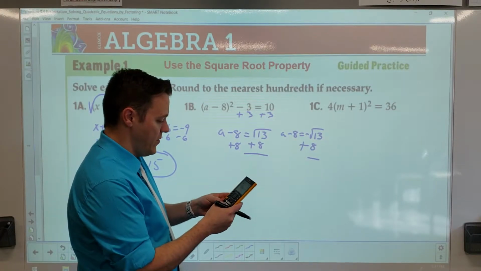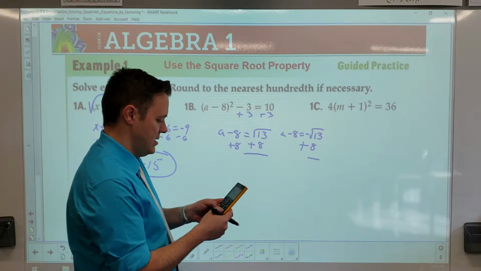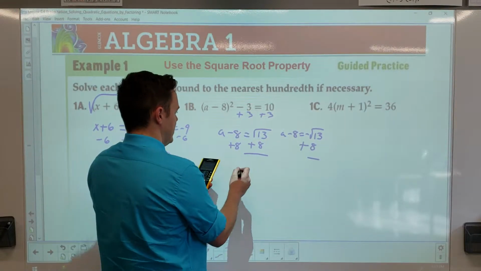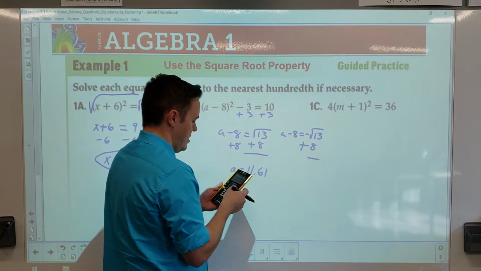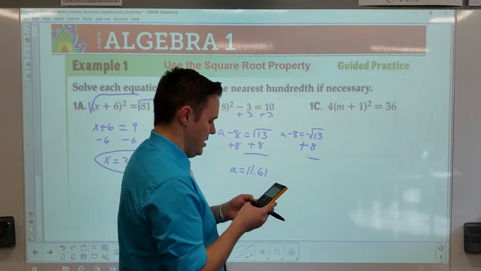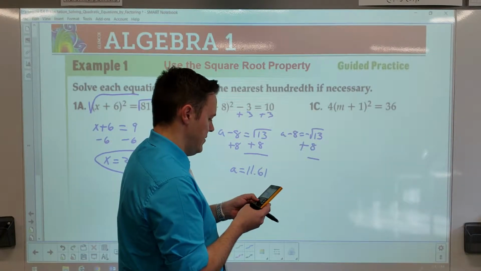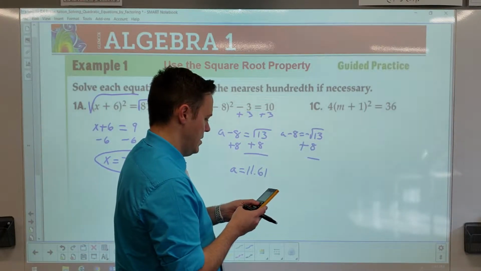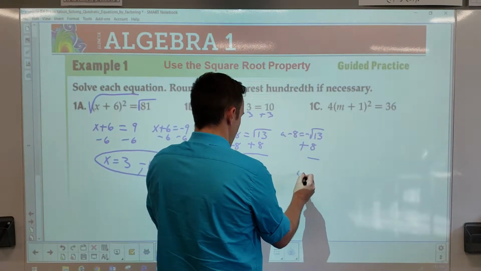The square root of 13 plus 8 gives x equals 11.61, and then negative square root of 13 plus 8 again gives 4.39.